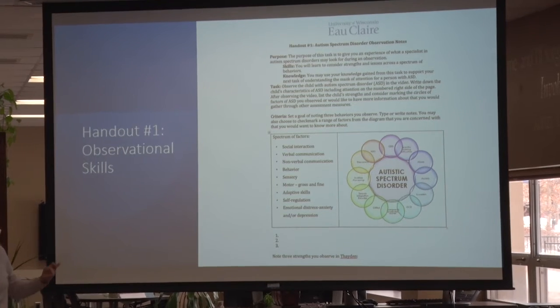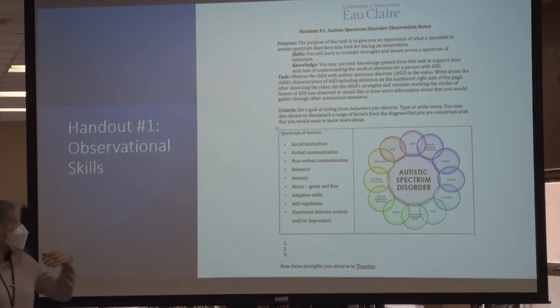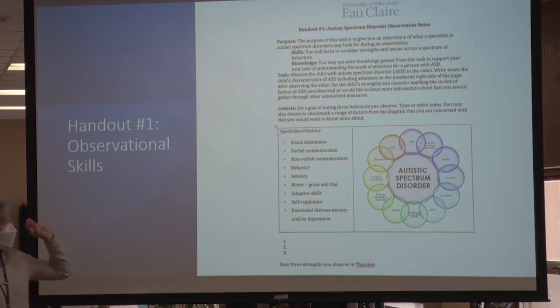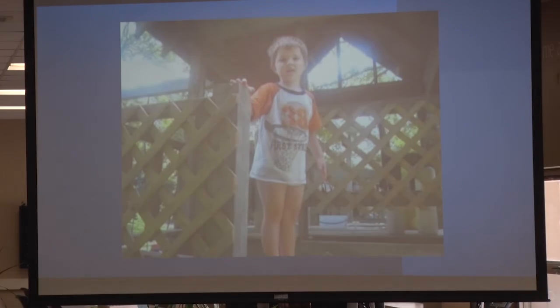So again, when you're thinking about what you're observing: social interaction, verbal communication, nonverbal, behavior, sensory, motor, adaptive skills, self-regulation. So these are areas that we take a look at. If you're new to this, that's fine. Just watch. What do you see going on with autism? But what do you see, again, as a strength?